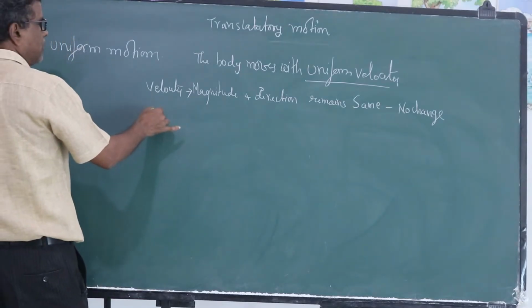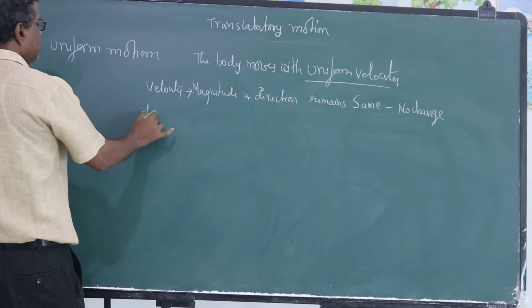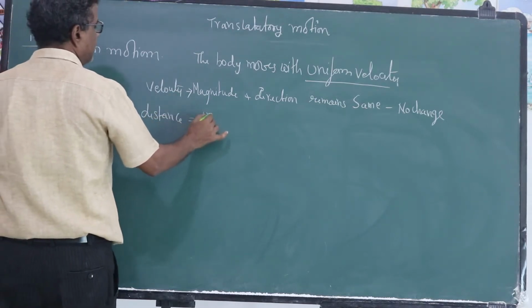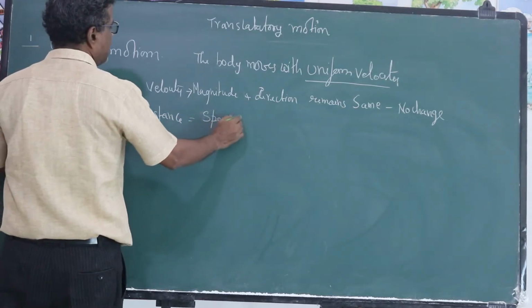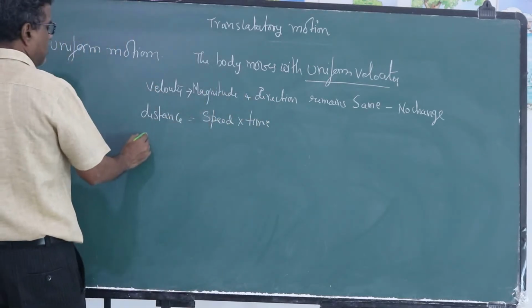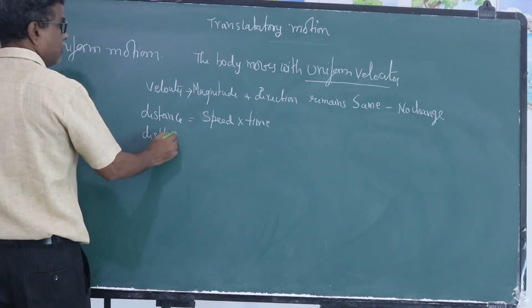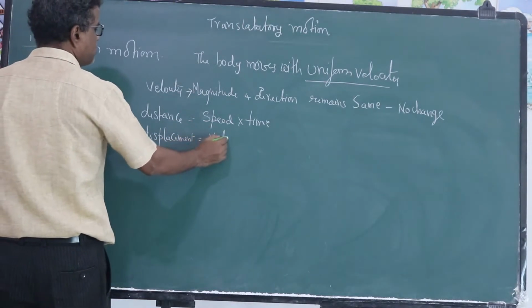So if you draw a graph of velocity, then the distance traveled we can write as distance is equal to speed into time. We can use this formula. Or displacement is equal to velocity into time.